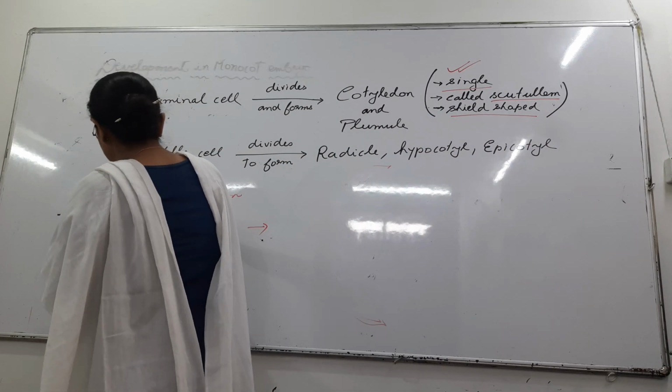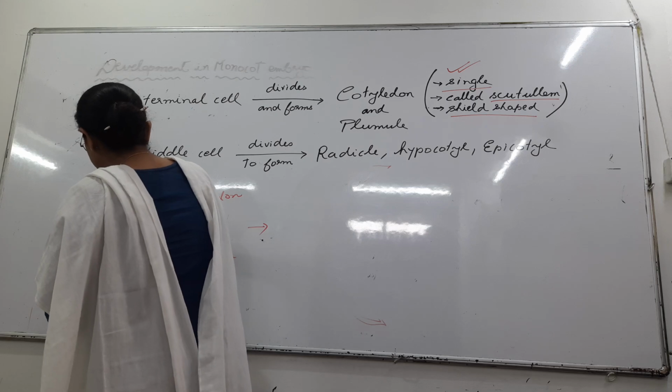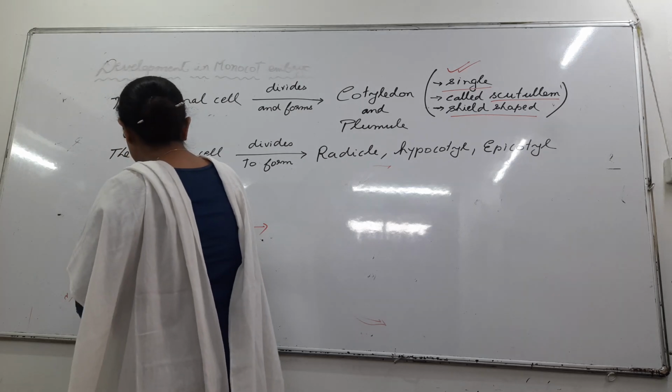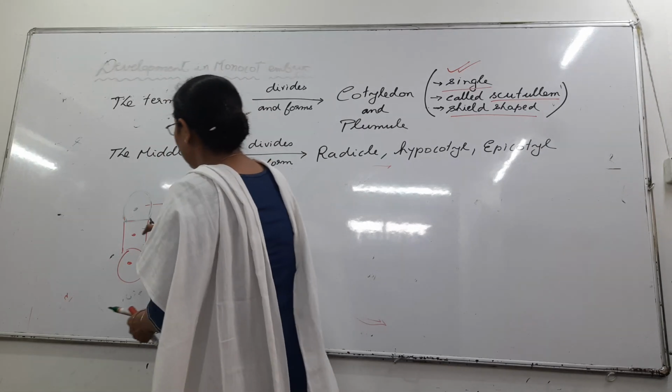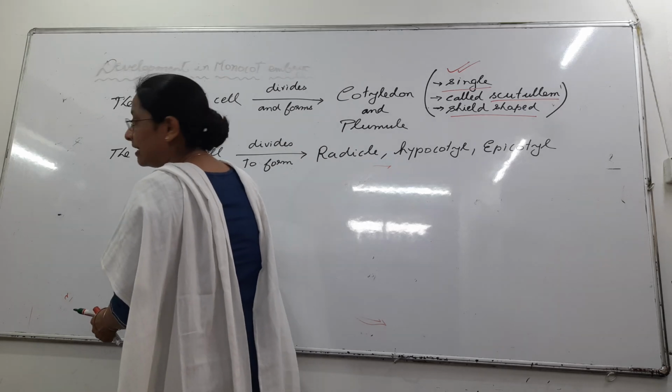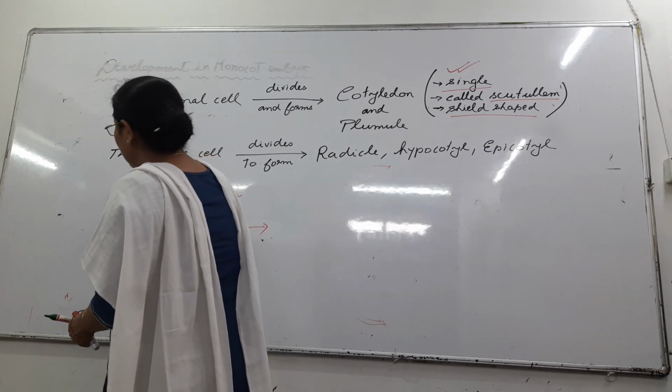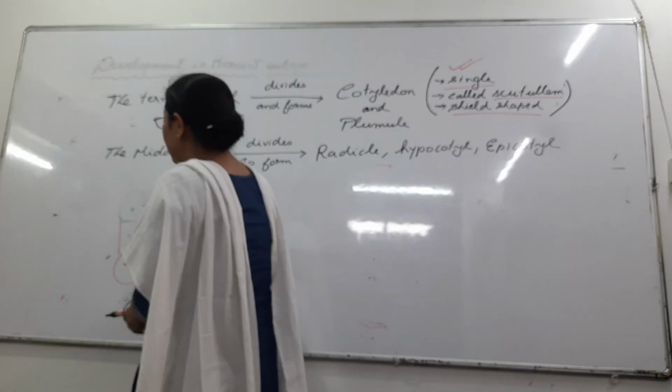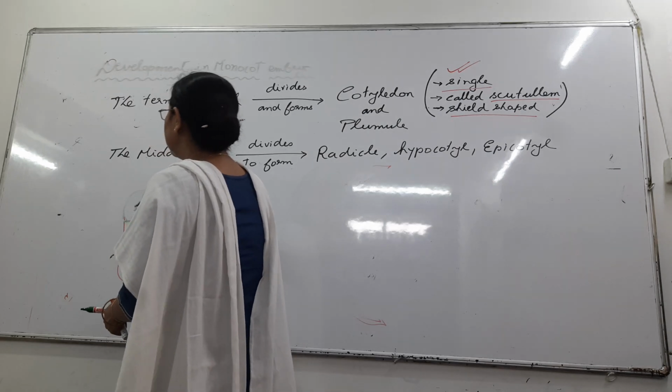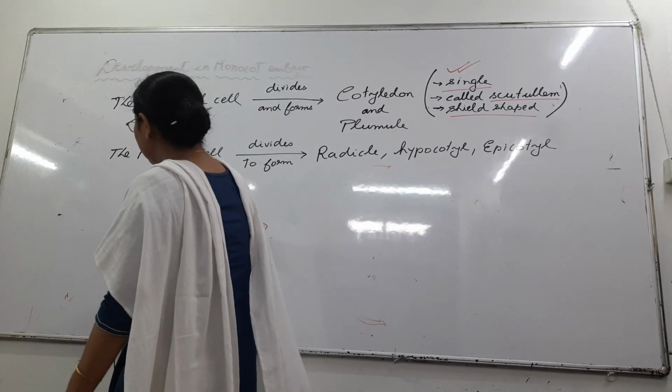Suppose this is green in color. We have three cells: the basal cell, the embryonal cell, or the middle cell, and the suspensor. The suspensor will degenerate. This cell will be forming the radicle. This cell will be forming the cotyledon and the plumule, right? Again, when we are talking about the development of the cotyledon, first it was a single cell.